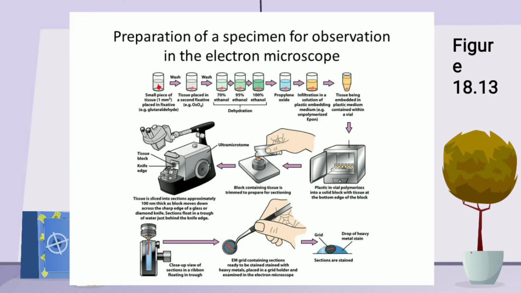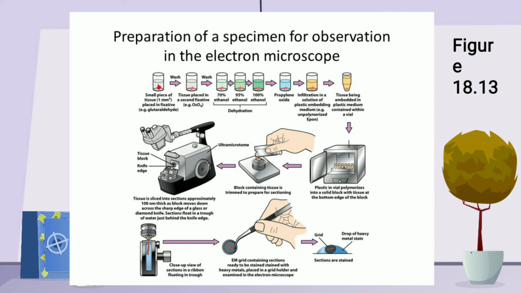Now, this illustration shows the preparation of a specimen for observation in the electron microscope. As with the light microscope, tissues to be examined in the electron microscope must be fixed, embedded, and sectioned.